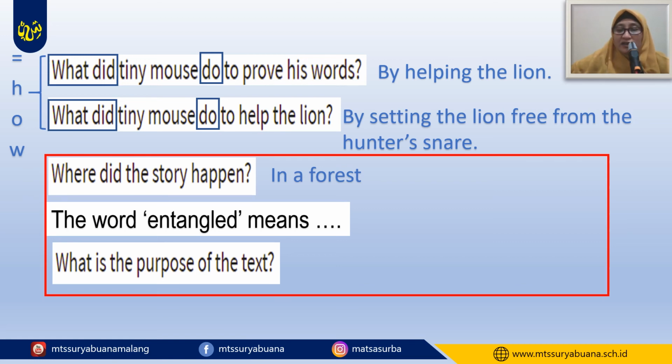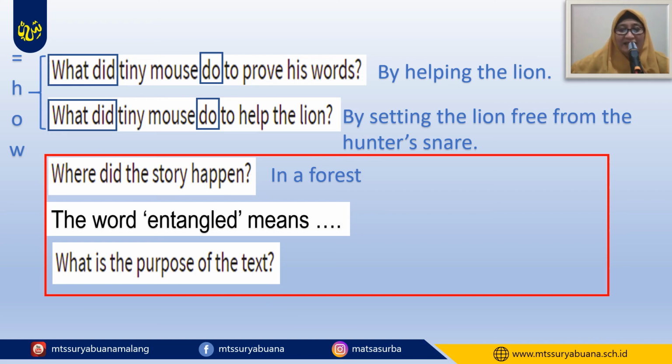The word entangle. Do you still remember? The lion tried to set himself free, but he couldn't, and he even became entangled in the hunter's snare.